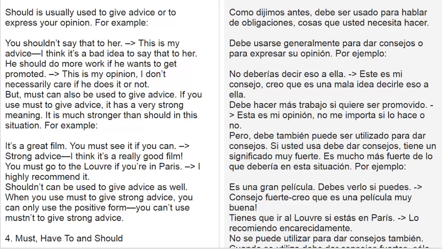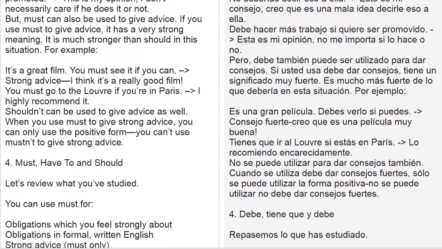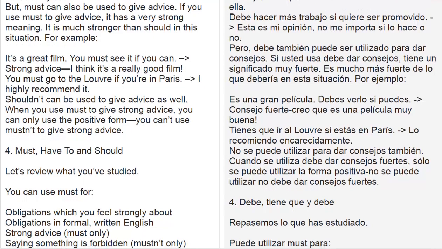But must can also be used to give advice in some situations. If you use must to give advice, it has a very strong meaning. It's much stronger than should in this situation. For example, it's a great film. You must see it if you can. So this is strong advice. I think it's a really good film.